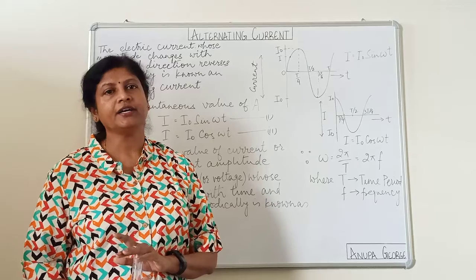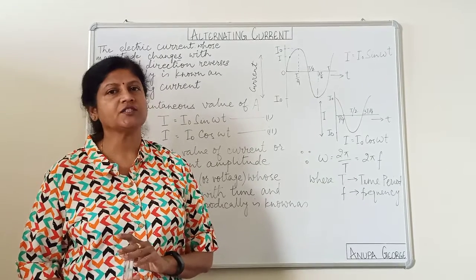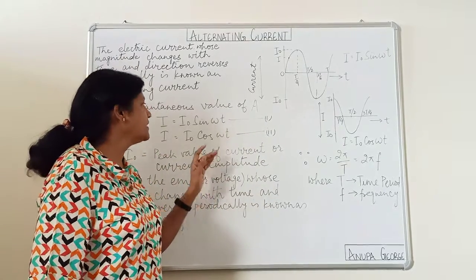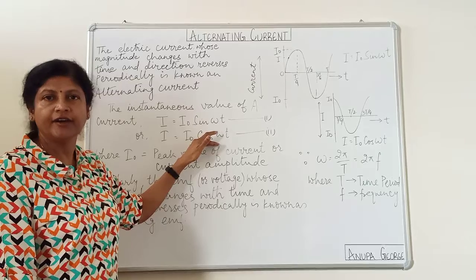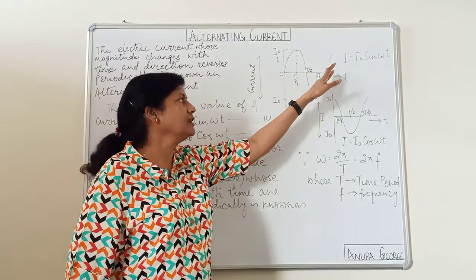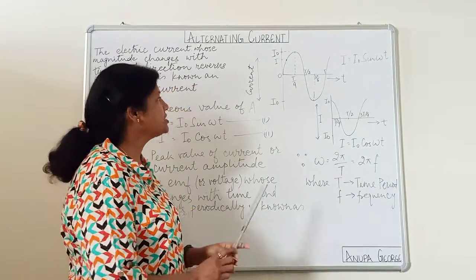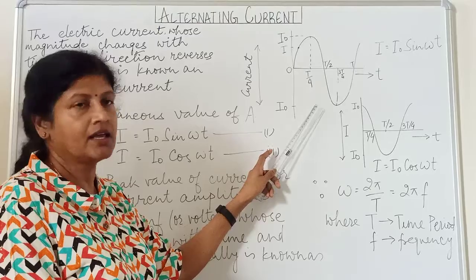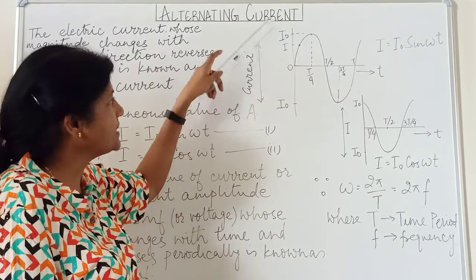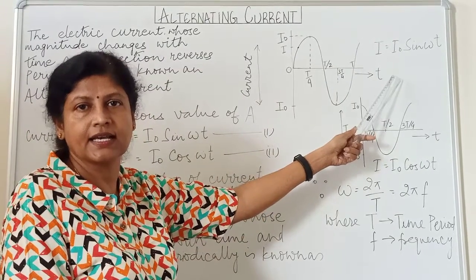This current may be represented by sine or cos function of time. To plot this alternating current, we draw a sinusoidal graph or sinusoidal curve. If you see the graph, current is taken on the y-axis and time on the x-axis.